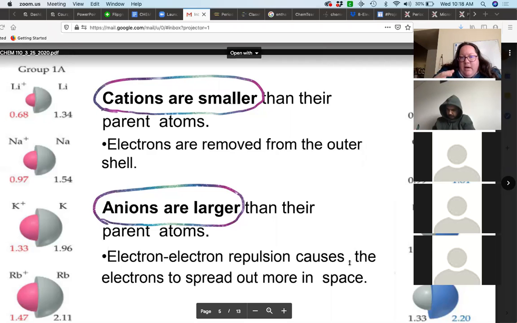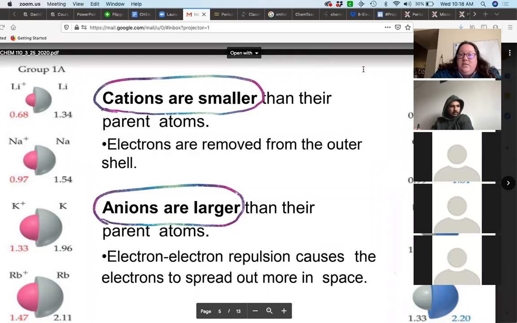So if you think about, for example, lithium starting out as pretty sizable, once it becomes a cation, right, and it has that positive charge and it gets smaller, maybe lithium as an ion can fit into places. Say, for example, it can fit into receptors on proteins that it otherwise would not be able to fit into when it's lithium, the neutral atom.